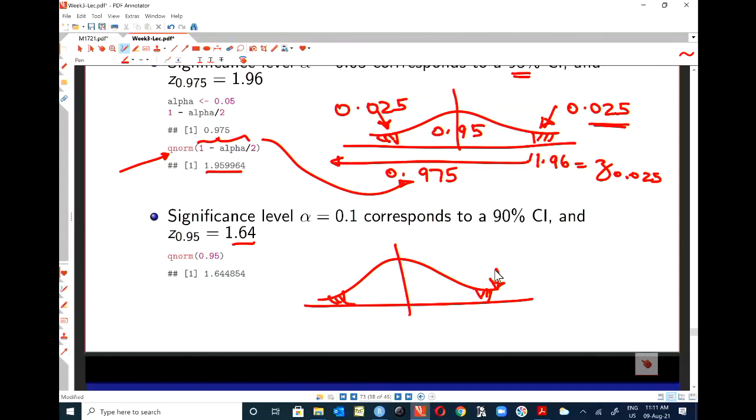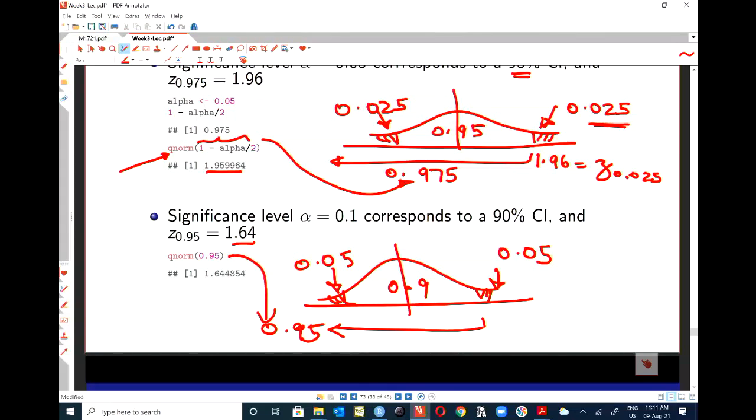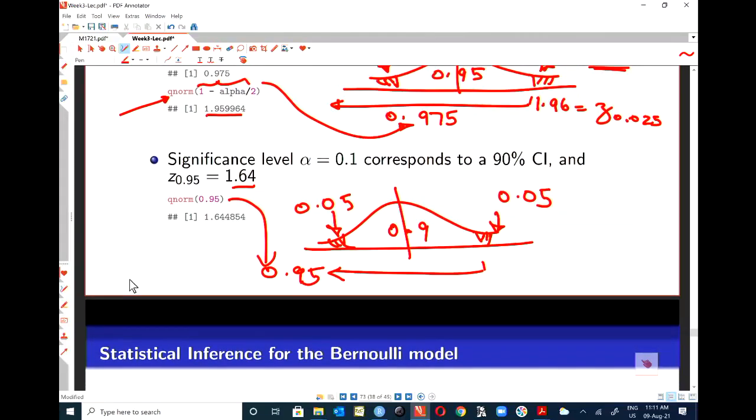This is 0.05 here instead of 0.025, and this is 0.05 as well. There's 10% in the tails, and so that bit here is 0.95, and that's what I've put in my formula there. So I get from there my Z value is 1.645.